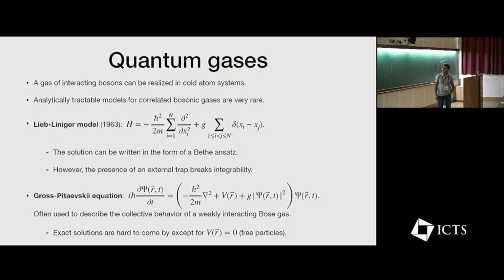This is a one-dimensional model, and the solutions can be obtained in terms of the Bethe ansatz. But if you put the system in a harmonic trap, one cannot solve this problem, so it becomes very hard. In some sense, exactly solvable models of interacting Bose gases in a potential are a hard problem.